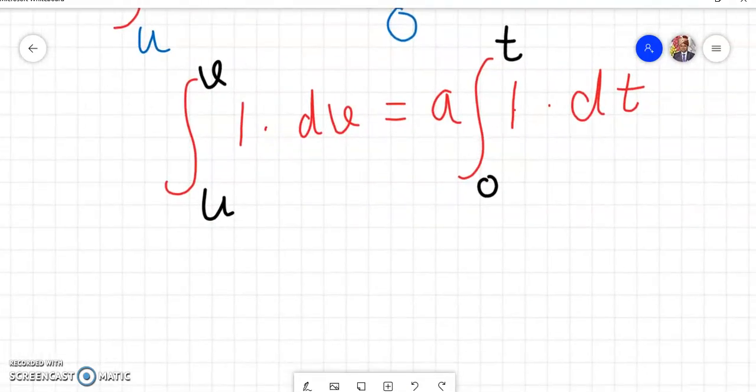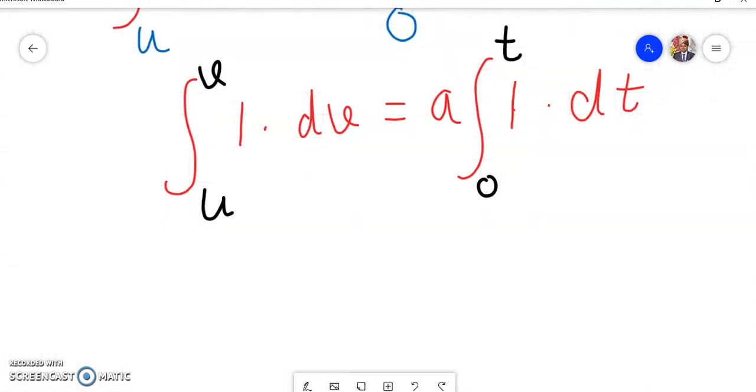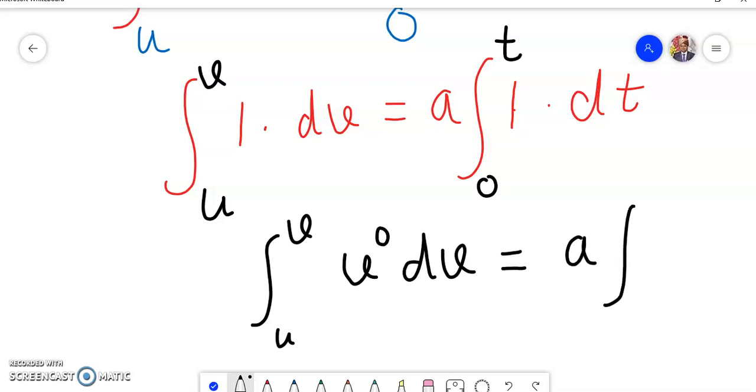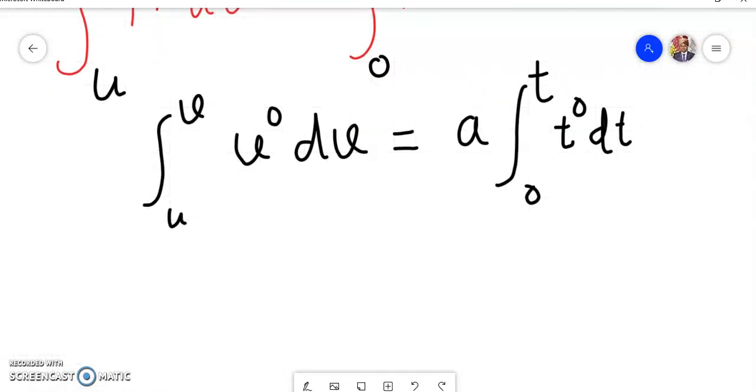See here, since 1 dot is here, we can write this in this form also. v to the power 0 dv is equal to a t to the power 0 dt. And you know about the integration of such a function.